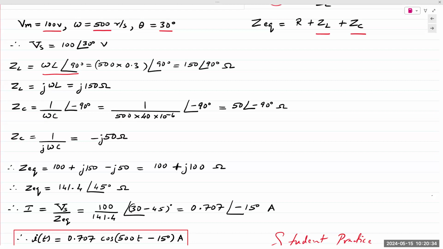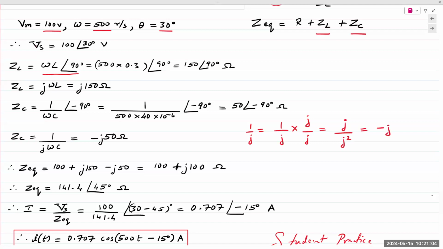Did I do the derivation for 1 over J? As a short explanation, you multiply and divide by J. That gives you J divided by J squared. J squared, of course, is minus 1.